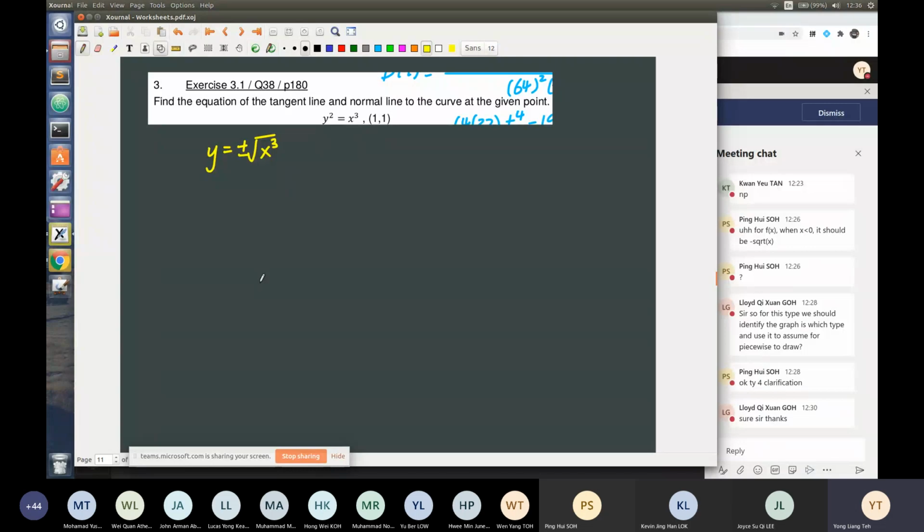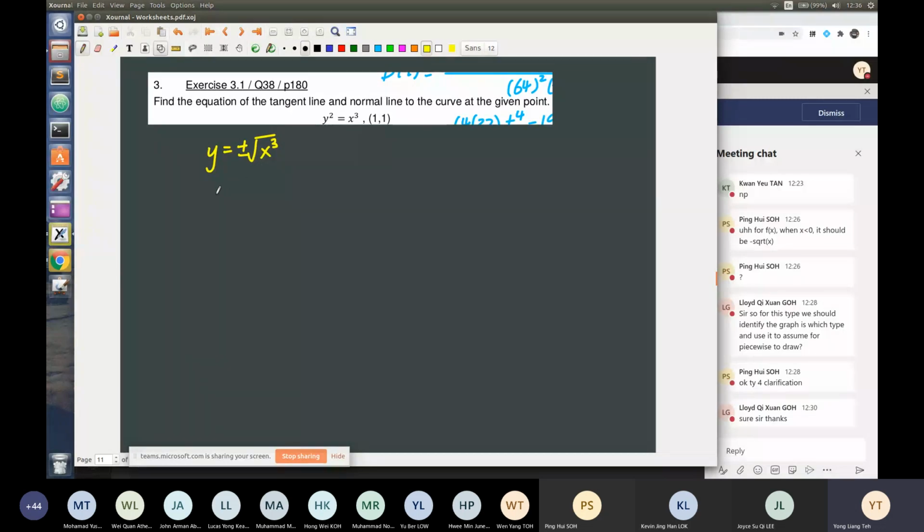So actually, you can split this up into two functions and address each separately.